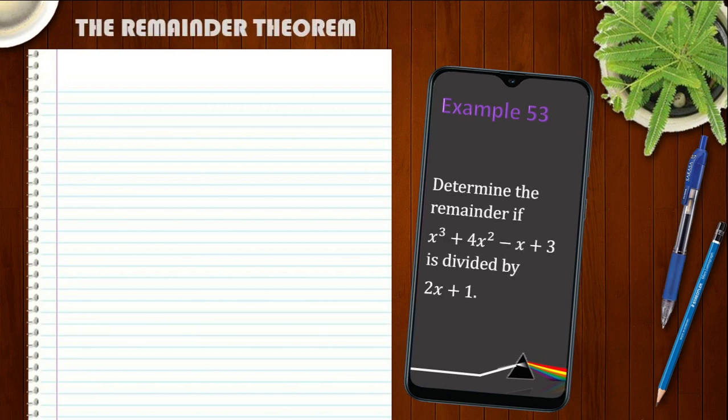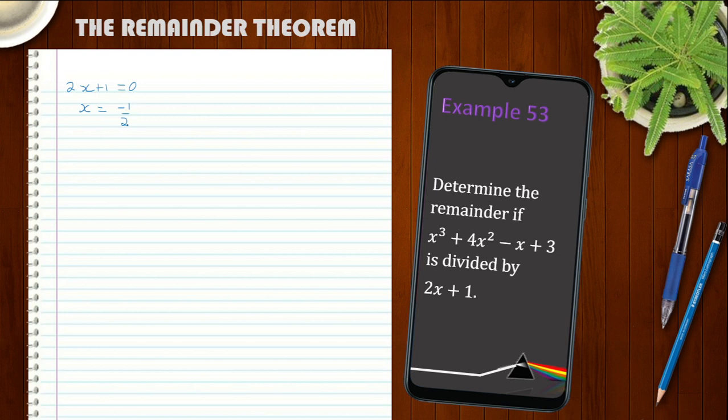It says determine the remainder if x to the power 3 plus 4x squared minus x plus 3 is divided by 2x plus 1. Obviously there is a long division way, but we want to use the remainder theorem. If I take 2x plus 1 and set it equal to 0, then x will be equal to minus 1 over 2.